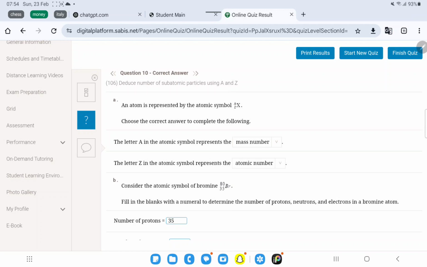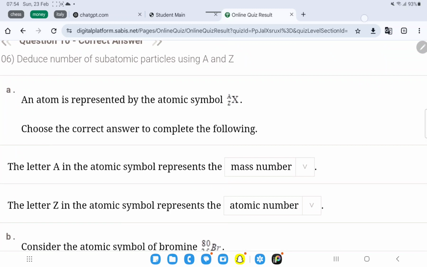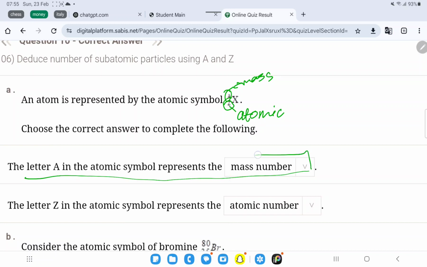So we took this week that the A is the mass number and Z is the atomic number. So the letter A in the atomic symbol represents the mass number and Z is the atomic number.